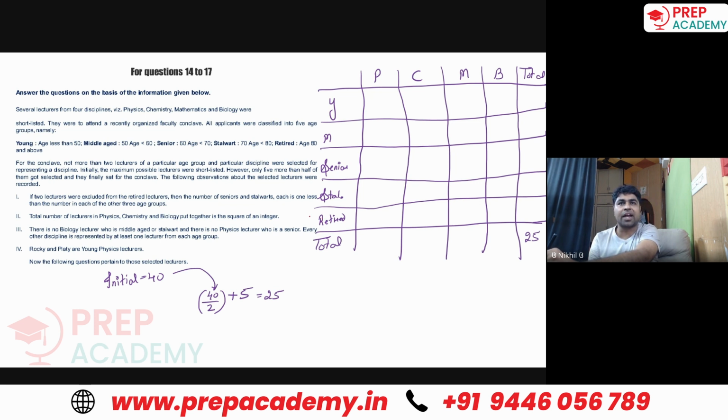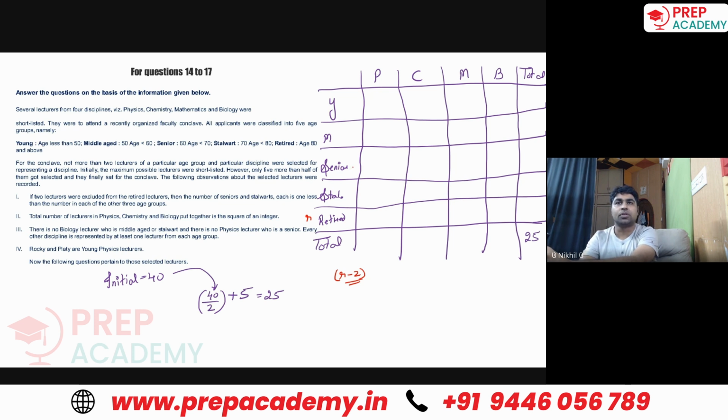So if the retired value is small r, and if we don't take 2 of them, then the number of seniors and stalwart is one each. Firstly, the word uses each. That means senior and stalwart will have same number of individuals. Each is one less than the number in each of the other 3 age groups.